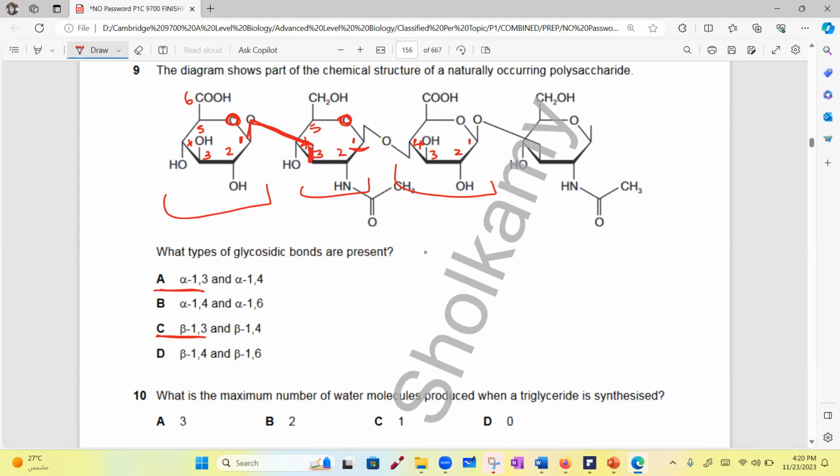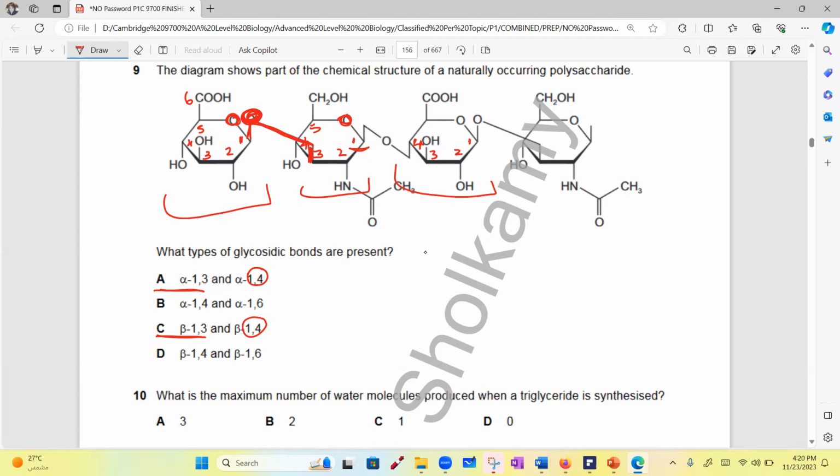Actually, A and C are also 1 and 4 and 1 and 4, but the difference is whether these are beta glucose or alpha glucose. Let's go to carbon number 1. Is the hydrogen above or the OH above? The bond is between 1 and 3. So up there, do you see a hydrogen? No. So is this beta or alpha glucose?